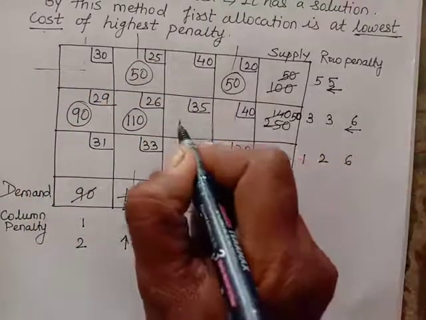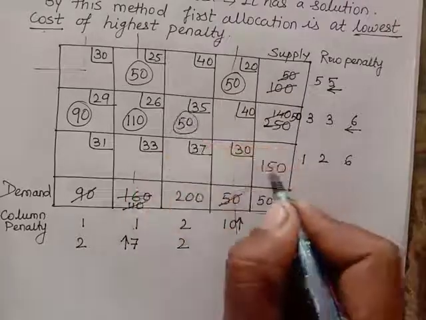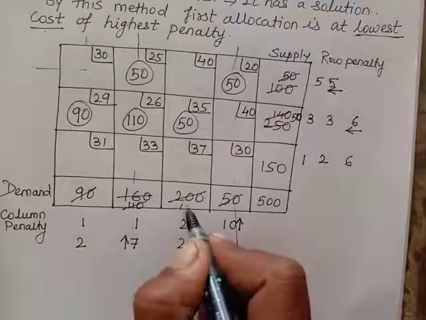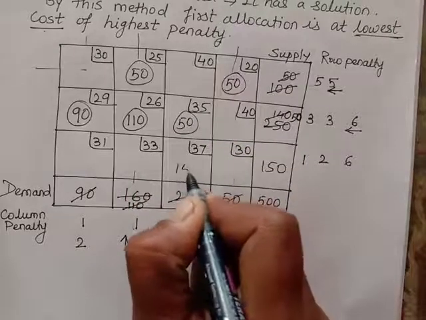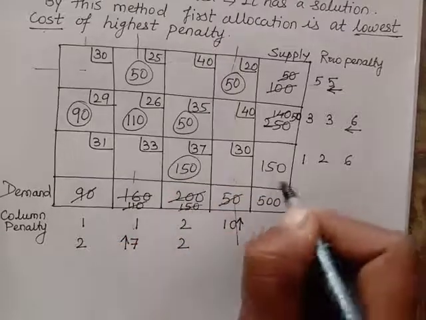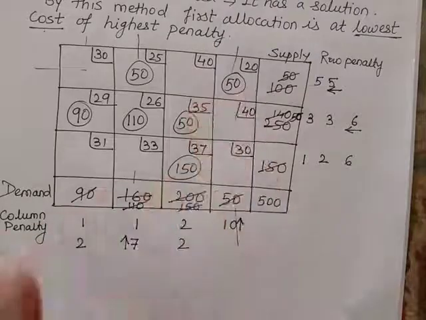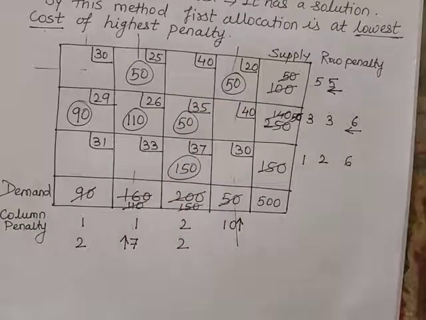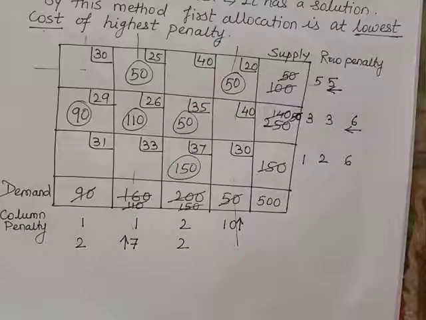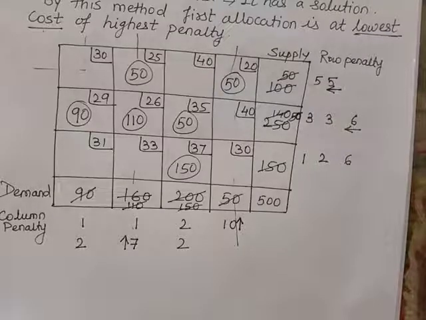So here I will do the allocation 50 and here I will do the allocation 150. So these are satisfied. As such, using VAM we can solve the TP for finding the initial basic feasible solution.